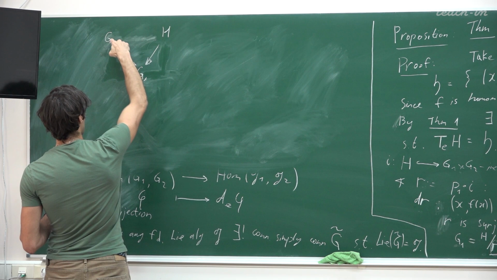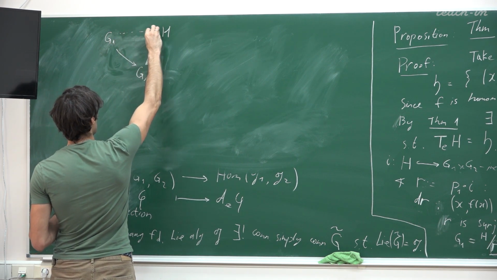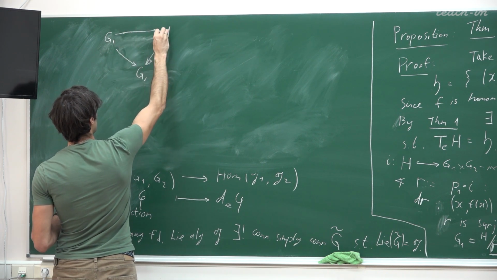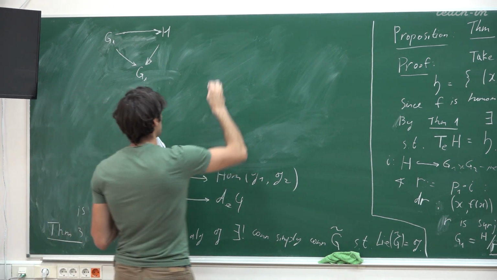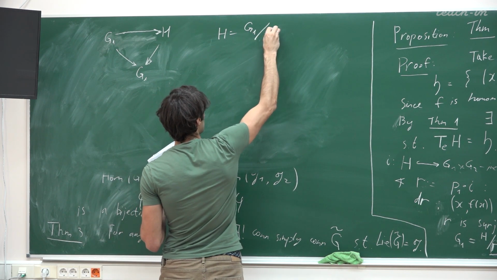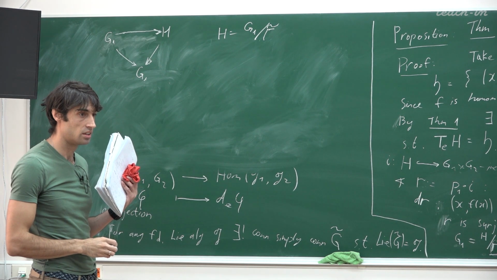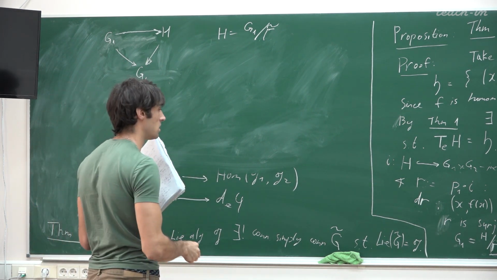If I have the universal cover, then this map exists, and H is G1 quotient by some gamma tilde, because of the homomorphism theorems here.